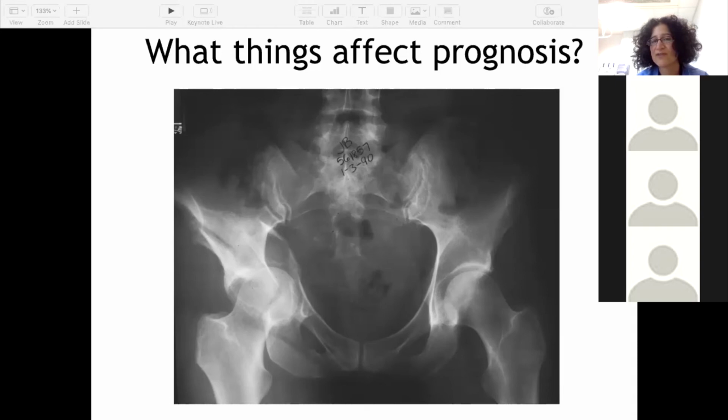But what are the features that make you think someone will do worse? Joint incongruity? Yeah, absolutely. There's a number of features. So we know that if the joint's incongruent... A few patients we've treated conservatively have had both column fractures, which are complete articular fractures. The whole of the acetabulum is displaced, usually medially, and you have excellent secondary congruence.